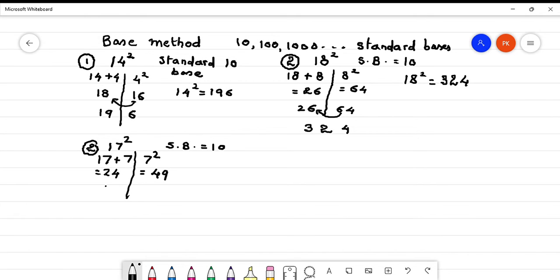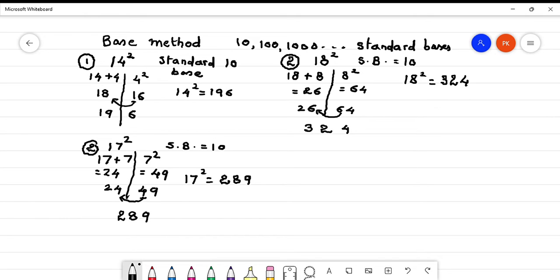So 24 on the left, 49 on the right. Since the base is 10, what will you do? Keep only one digit on the right. The excess digit you carry forward. 24 plus 4, that is 28. And hence 17 square is 289. Okay.